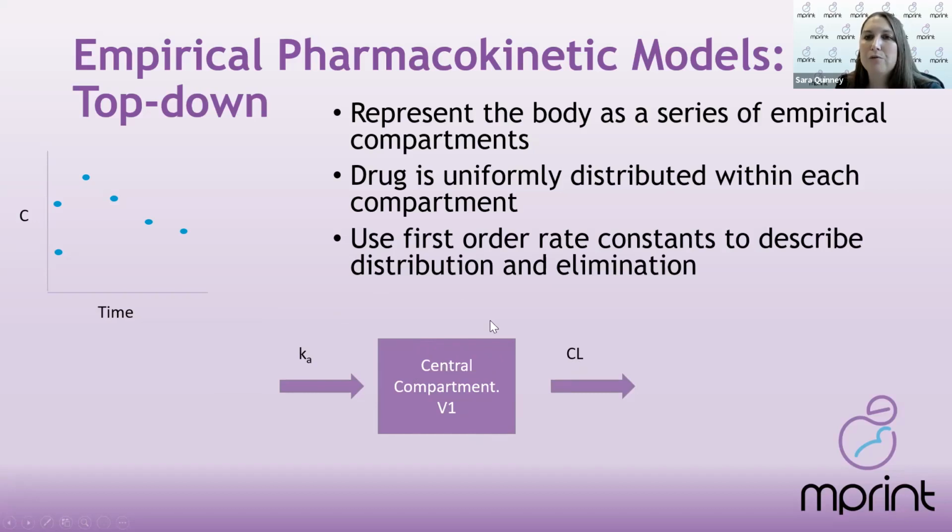And we use first order rate constants generally to describe distribution and elimination from these models. So what you do here is you take the data and you fit the parameters for your model to that data. So you have your observed data and you're fitting a curve to the data.